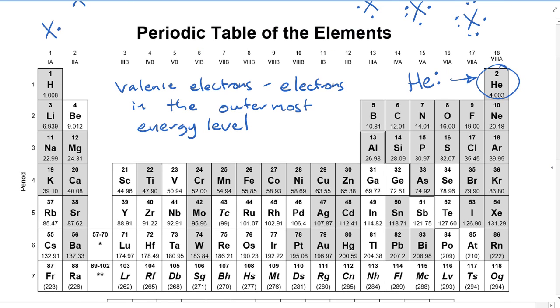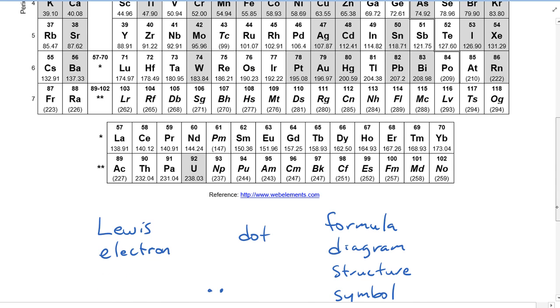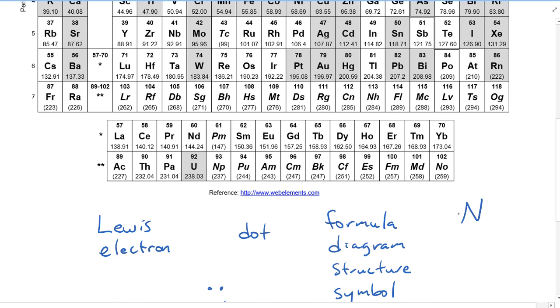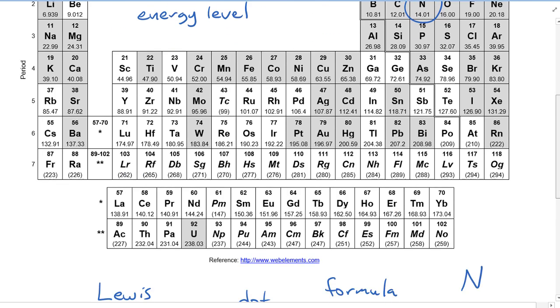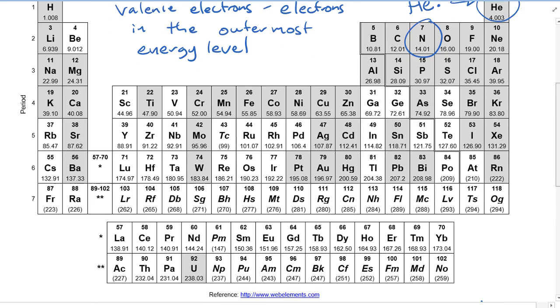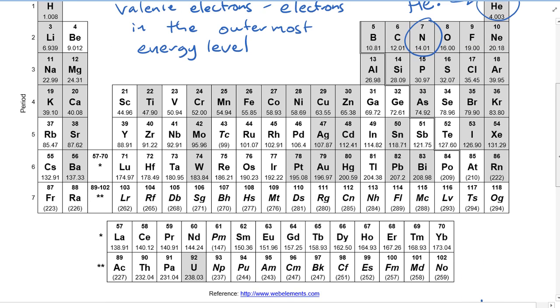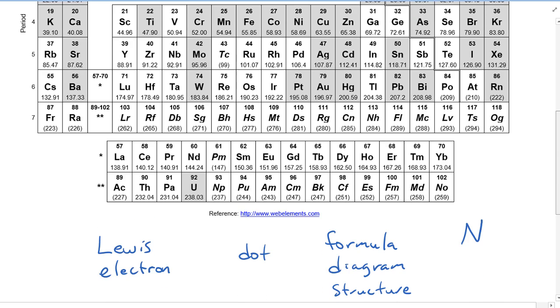So if we want to write a Lewis symbol for an element, let's say we wanted to write it for something like nitrogen. Then what we do is we put the symbol N, and N would be surrounded by how many dots? I hear 7, I hear 5. What is it? 5 dots, because it's in group 5A.